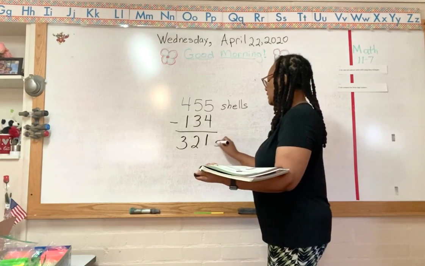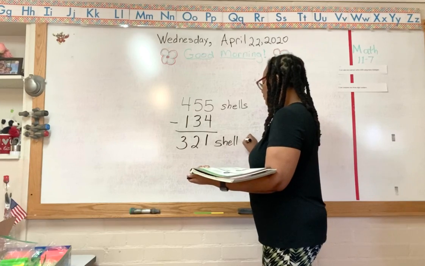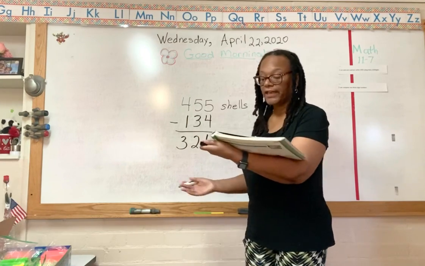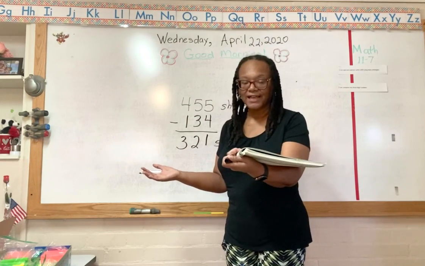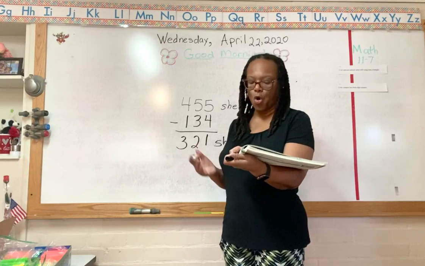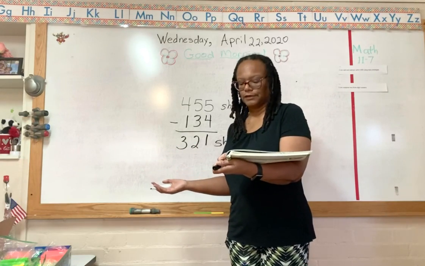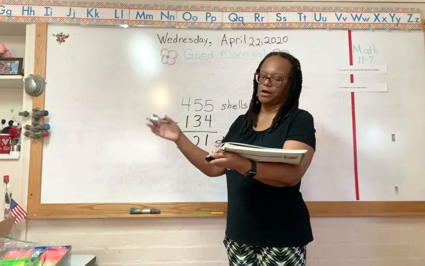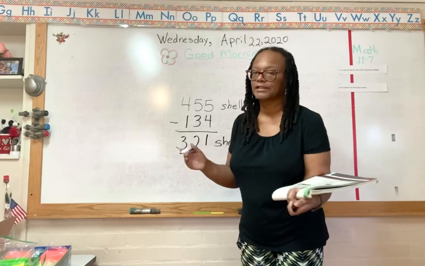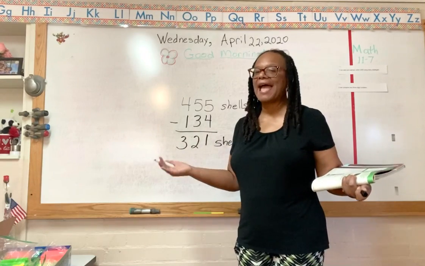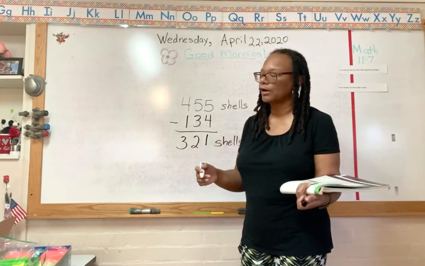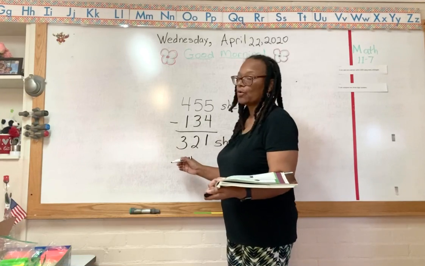So she has these many shells now. But then she finds 54 more shells. So more, are we going to subtract it or are we going to add it? If she found some more, she didn't give anything away, she found it.